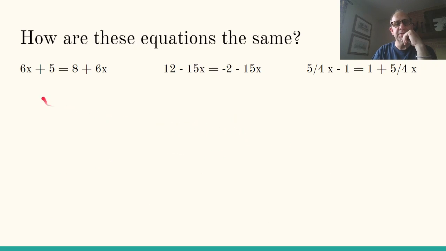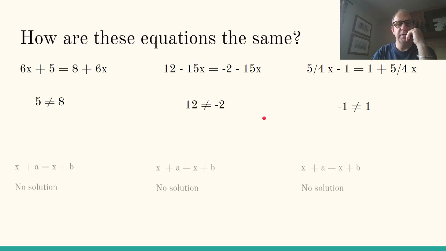How are these the same? 6x plus 5 equals 8 plus 6x. If I simplify, I have two numbers that are not equal. How did I get there? Well, basically, when I simplified it, look, I have a 6x and a 6x. They're the same sign on opposite sides. That means when I move it to the other side, it's going to cancel out. 6x minus 6x, 6x minus 6x.